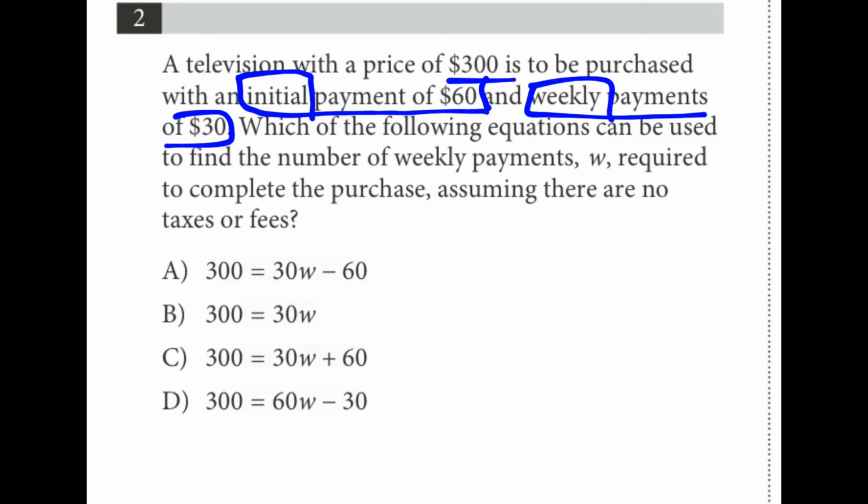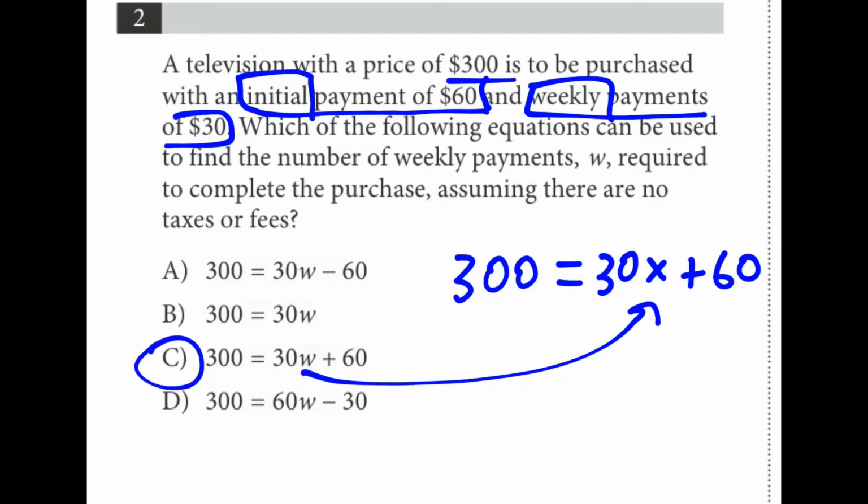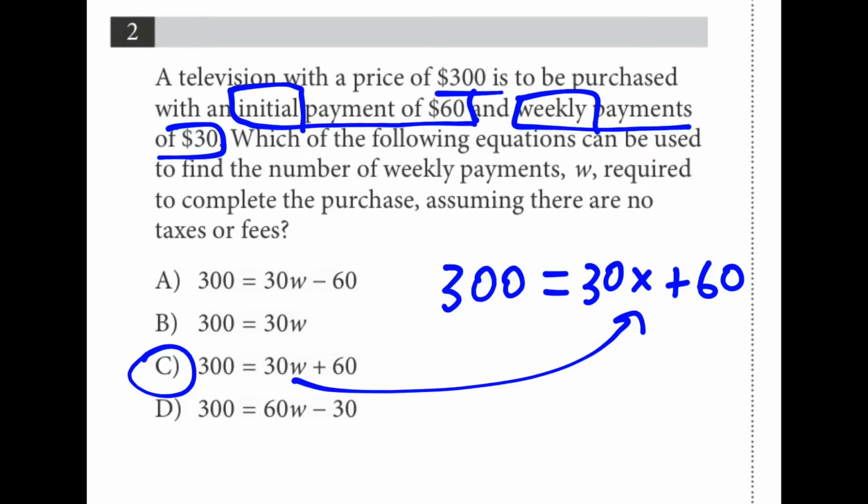So this is just going to be that the price of $300 is equal to 30 times some number of weeks plus 60. Oh, they used w. But other than that, C is our answer. Remember that initial or one-time payments go over here as our b value, and weekly or recurring payments go as our slope, right here. But what a dream world that we have no taxes or fees, my goodness.